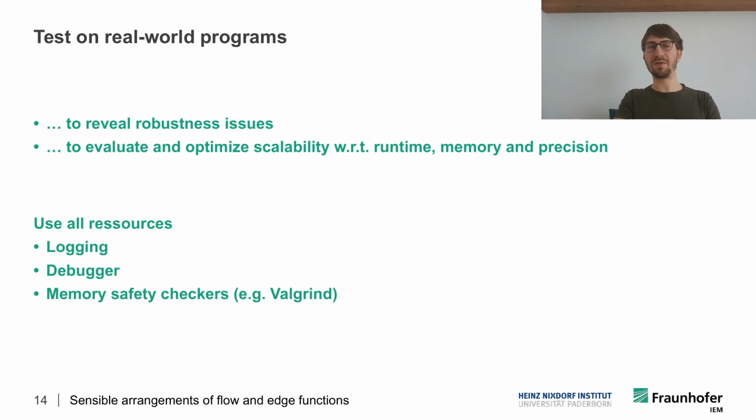And even if your analysis seems to run fine, it is advised at least from time to time to use memory safety checkers, for example, valgrind, to check whether you have some undefined behavior in your analysis. So if you just come up with very basic and straightforward flow functions and don't do any fancy stuff, it should be just alright.